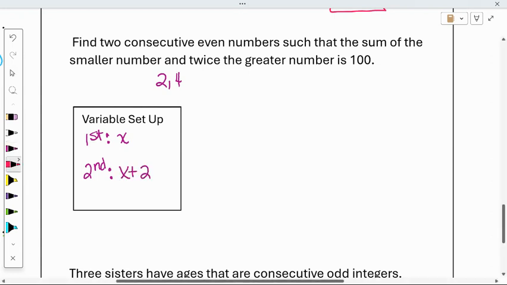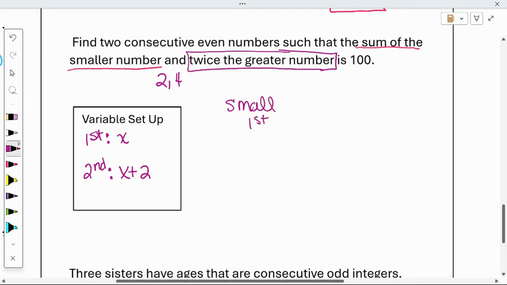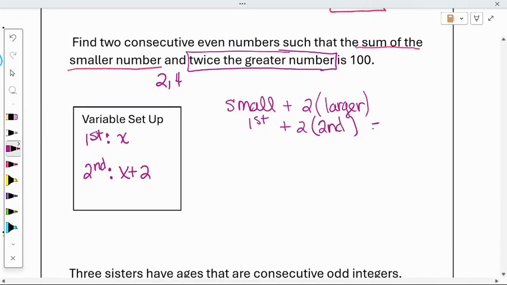It says such that the sum of the smaller number and twice the greater. So I'm taking the small integer, which is the first, and adding it to 2 times the larger, which is the second. And it has to equal 100.